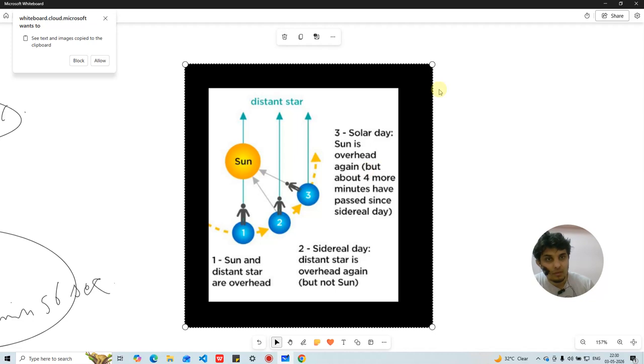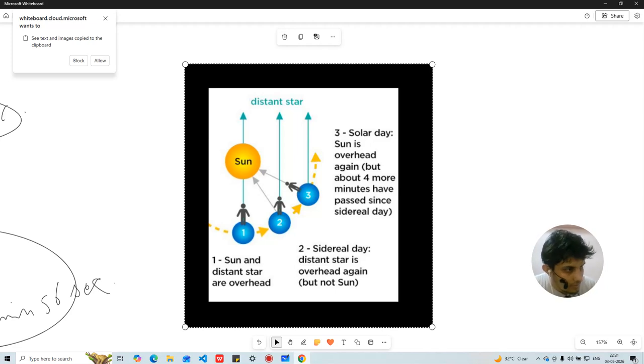Okay, so try to ponder over it a little bit. At least I've understood the crux of this sidereal and solar day, sidereal time and solar time. North celestial pole, star classical equinox, and we have south celestial pole, north celestial pole.